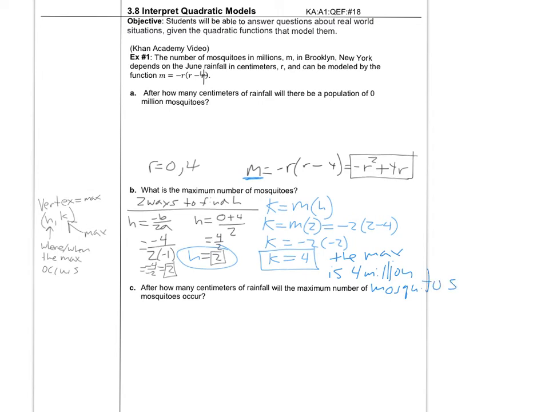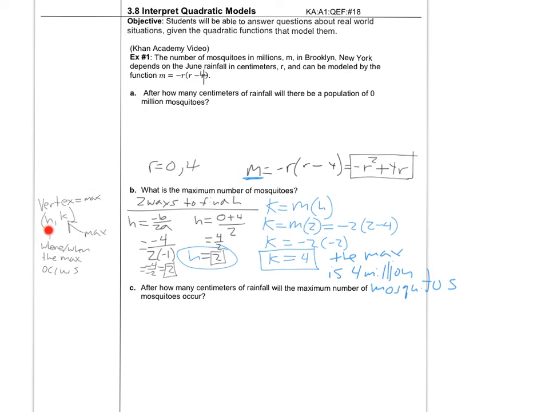And now the beautiful thing about this, for the next part of the question, it's asking us something we already have the answer to, because it's saying after how many centimeters of rainfall will the maximum number of mosquitoes occur. Basically they're saying when will the maximum occur.